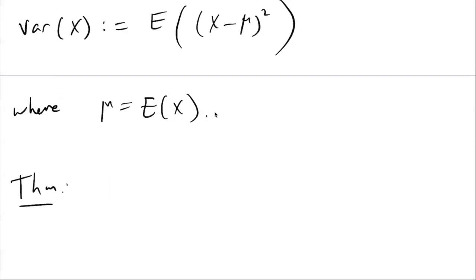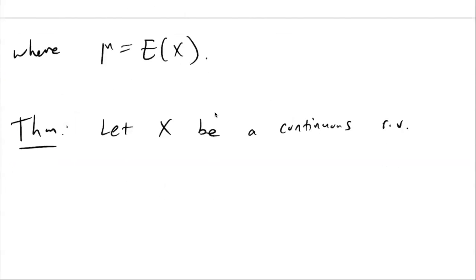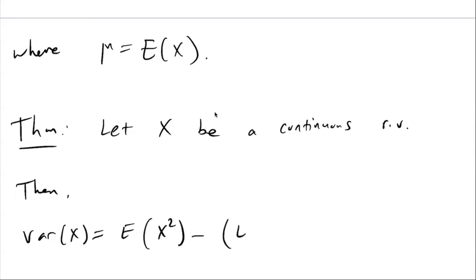So again, theorem: let X be a continuous random variable. Then we can say that the variance of X is equal to the expected value of X squared minus the expected value of X the whole squared.